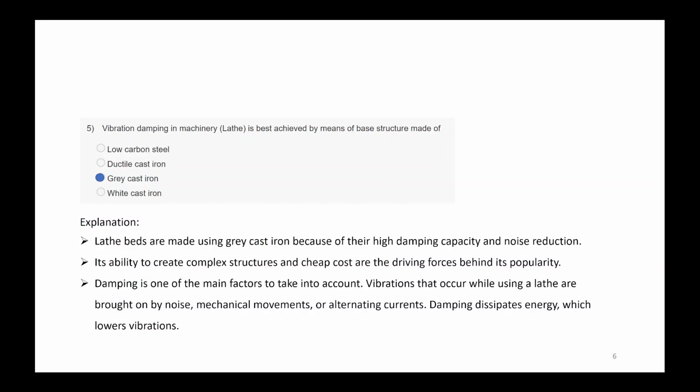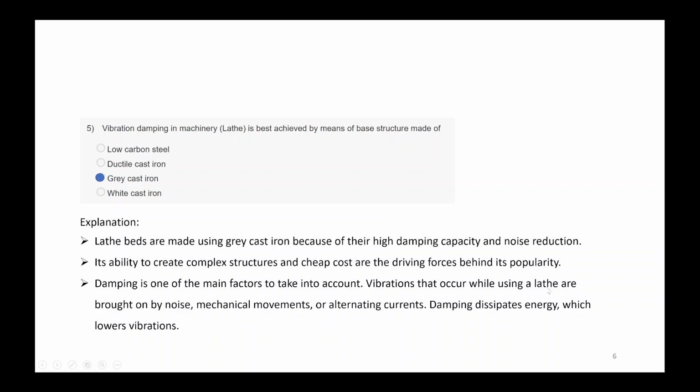Now we can describe it by saying that lathe beds are made using grey cast iron because of their high damping capacity and noise reduction, and its ability to create complex structures and cheap cost are the driving forces behind its popularity. Grey cast iron is very easy to cast, and damping is one of the main factors to take into account.